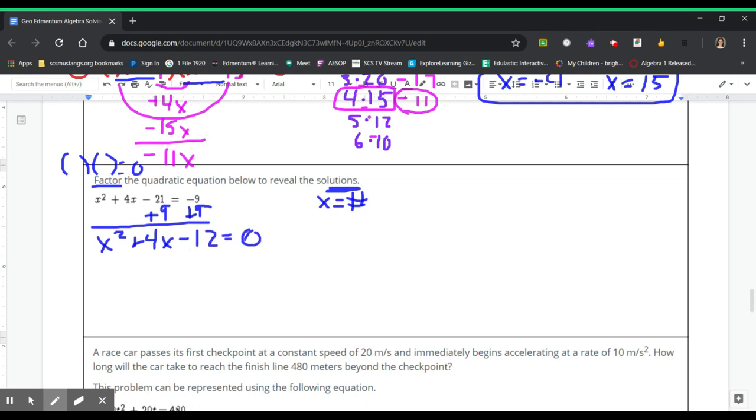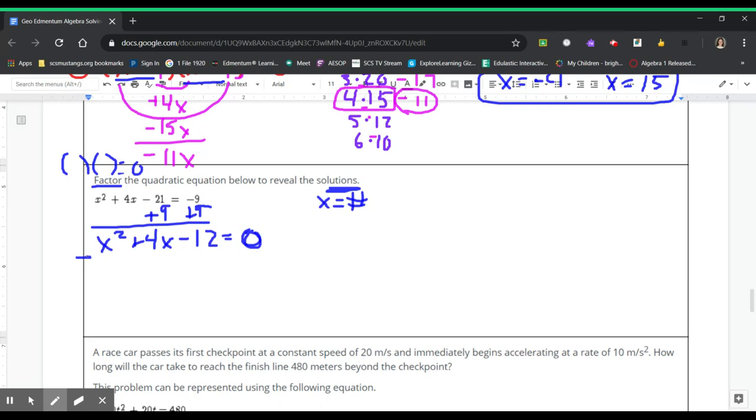Okay, we're good. Now it's set equal to 0. Second thing to check for, is there a greatest common factor? If we have a greatest common factor, that number will be in front of the x squared, and it's got to divide all of the terms. I know 4 will divide both the middle term and the last term, but it will not divide the first term evenly. So there's not a greatest common factor for this one.